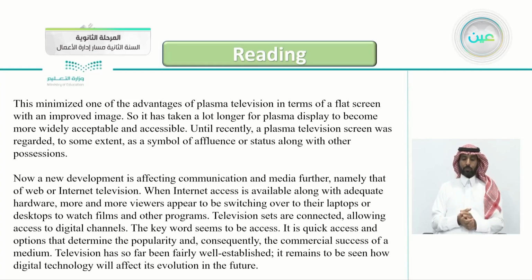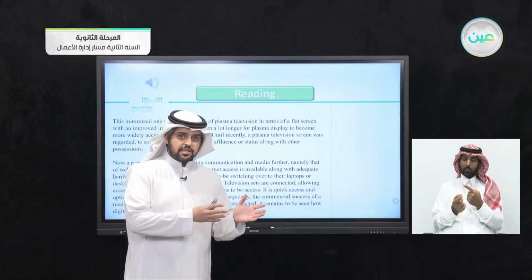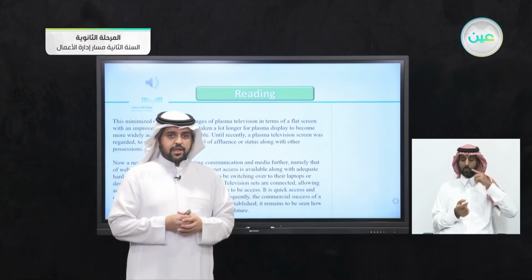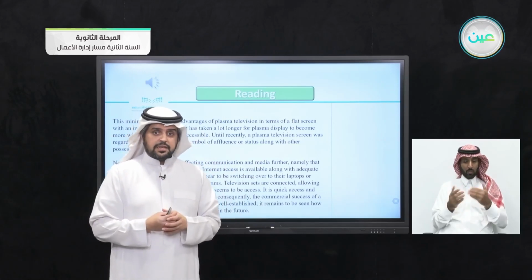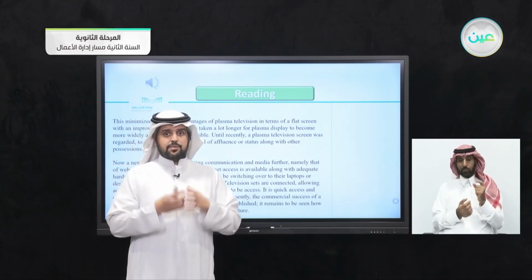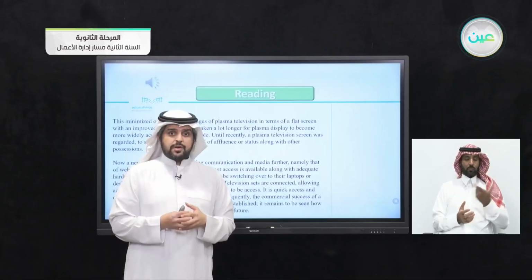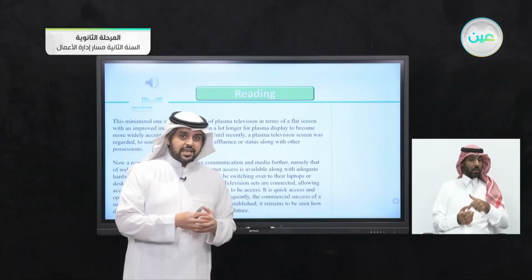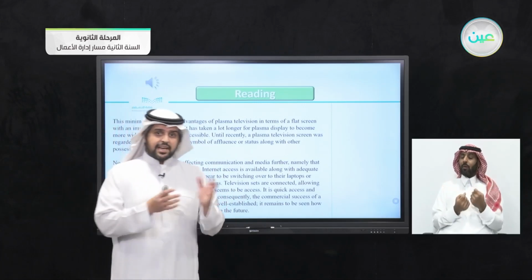So in this part of the article, he's talking about the LCD and the plasma TV and how in previous times they signaled or indicated that a person is rich and wealthy, or as it says here, a symbol of affluence. And in the second part, it talks about how now televisions are connected to the internet. So it's like a laptop now.